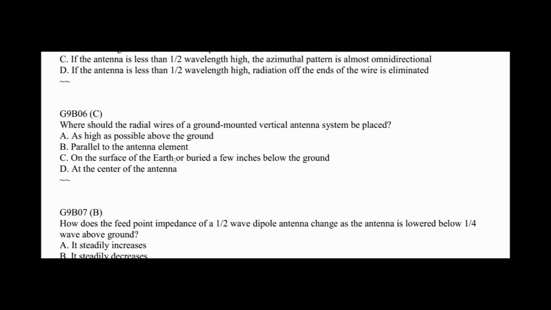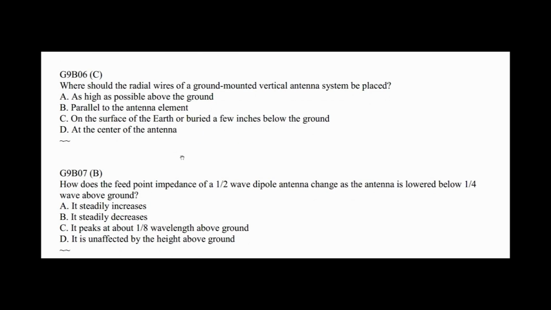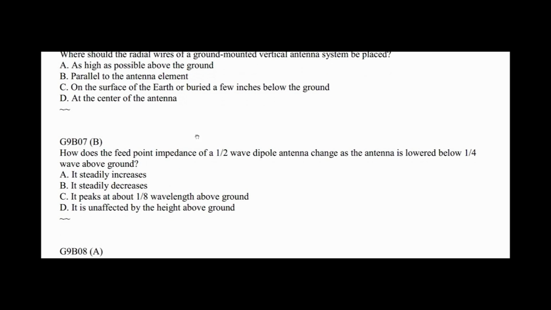If they're a few inches above the earth, 4 radials will work great. Put them on the ground or below the ground, you're going to need bunches. So I don't like their answer again, and I'll take this up with the VEC guys. But again, you've got to give the answer that they say is the right answer. If they say it's blue, it's blue.